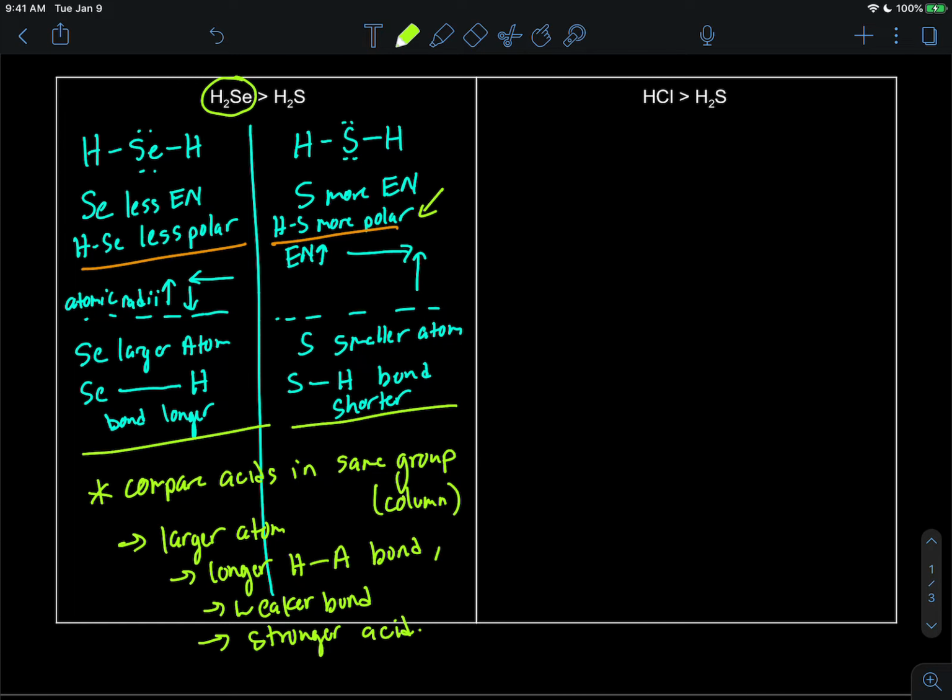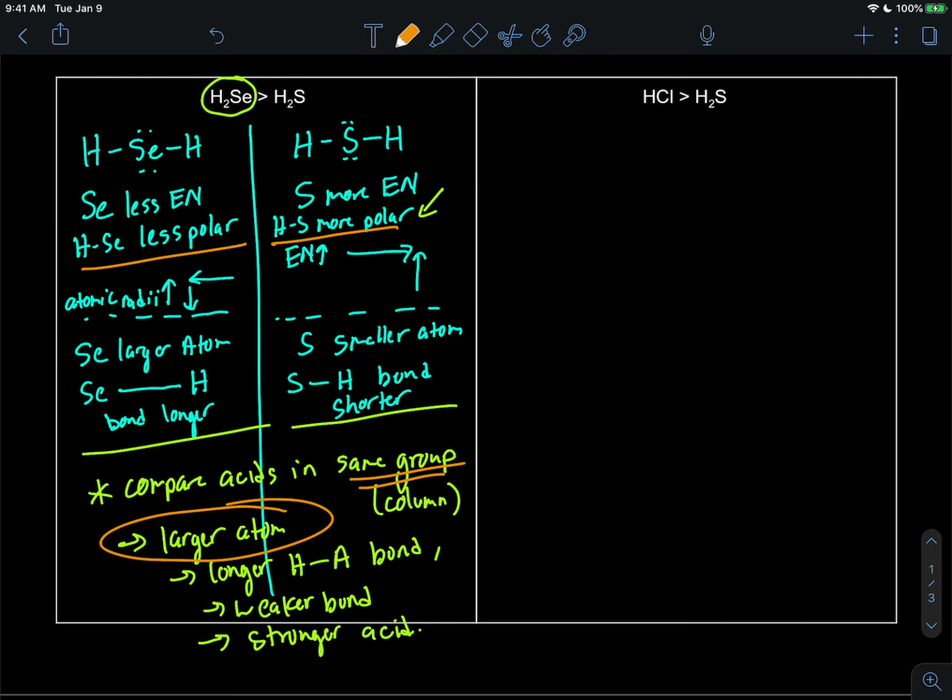So we can make this observation that when we're comparing things in the same group, atomic size is what predominates as the factor that affects bond strength, which is also going to affect acid strength.